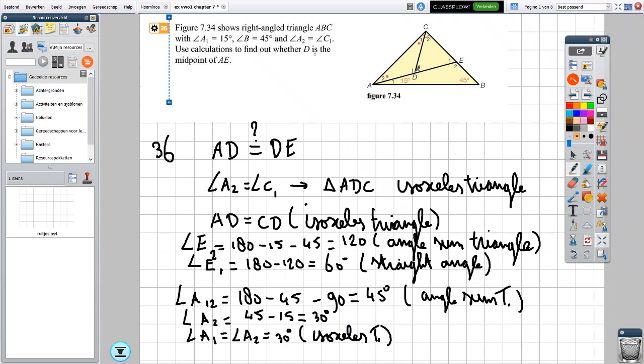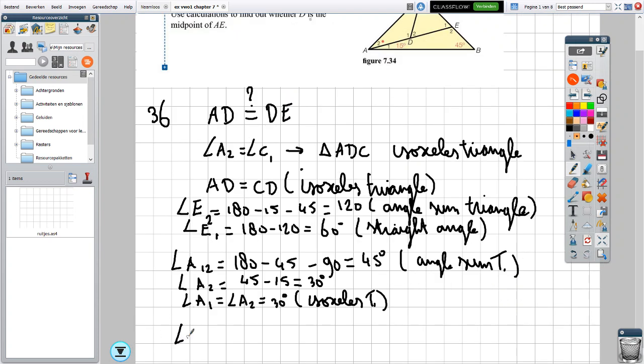And that means I can now calculate angle D1. Or I could even do it easier. I think it's maybe even easier to now calculate C2. There are multiple ways here again. I say angle C2 is going to be 90 minus 30 equals 60 degrees.